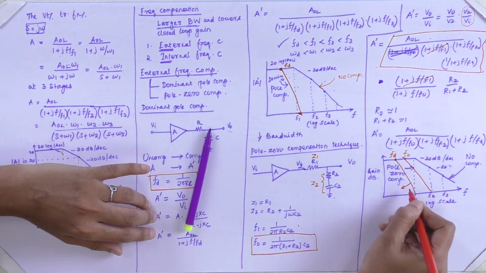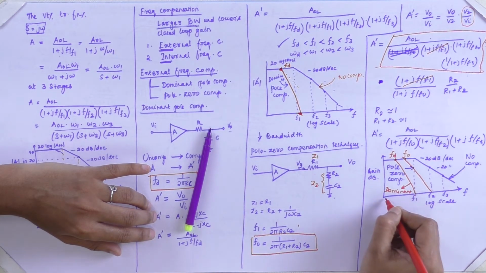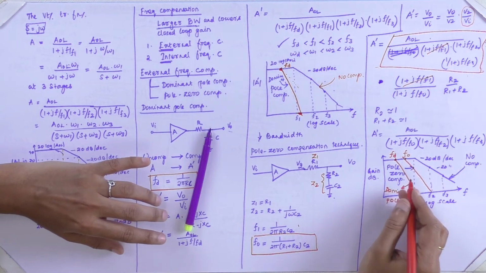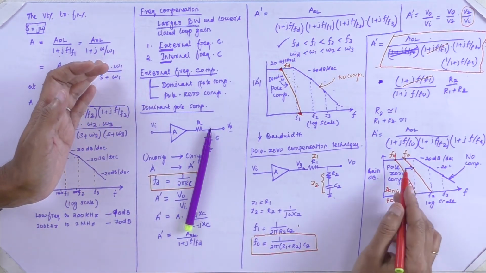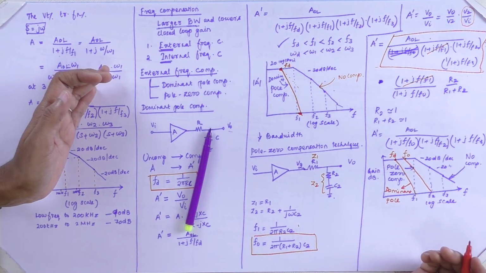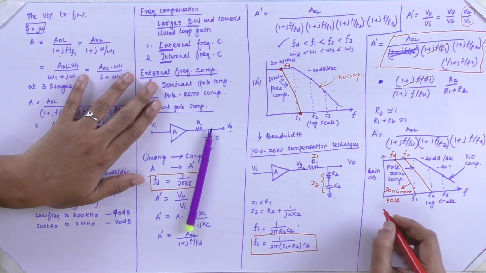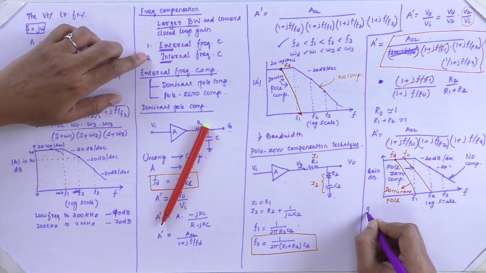So this curve is the dominant pole characteristics. So in this, the pole zero compensation may have a larger bandwidth, whereas the closed loop gain gets lowered.